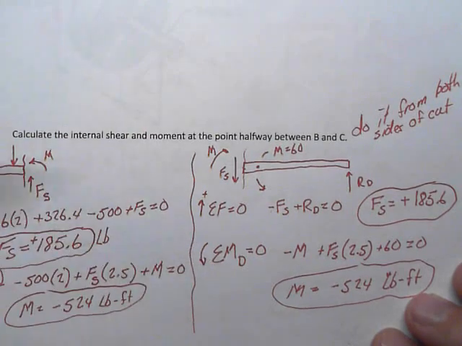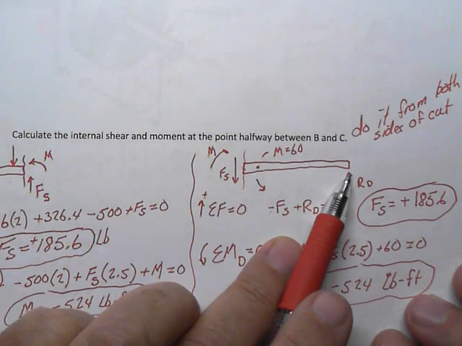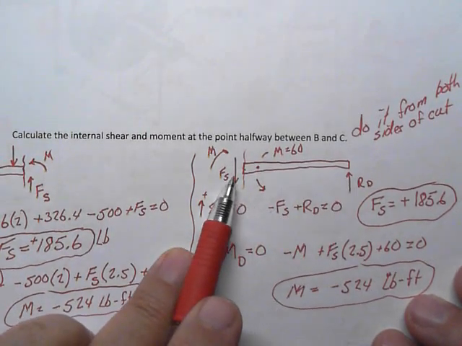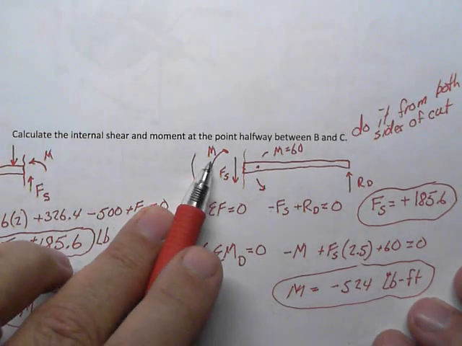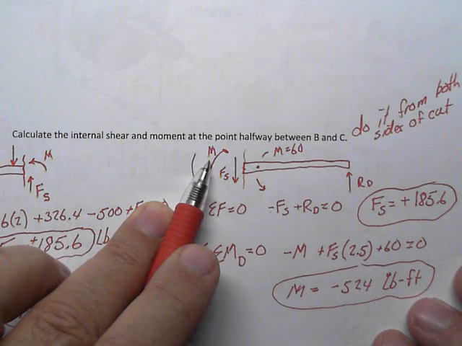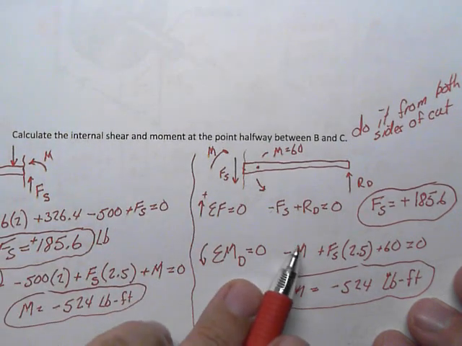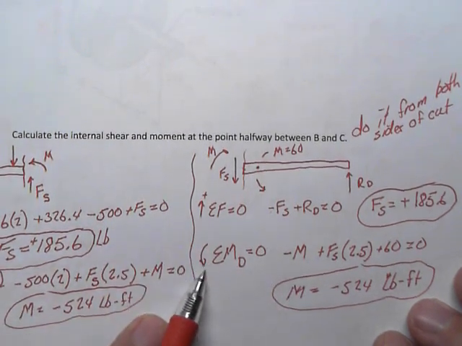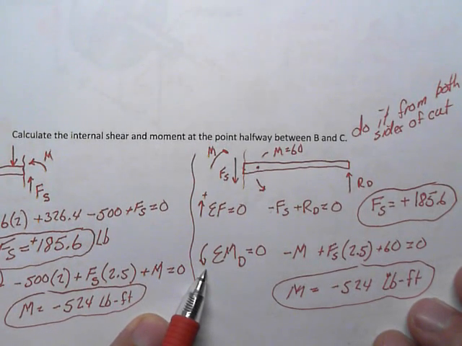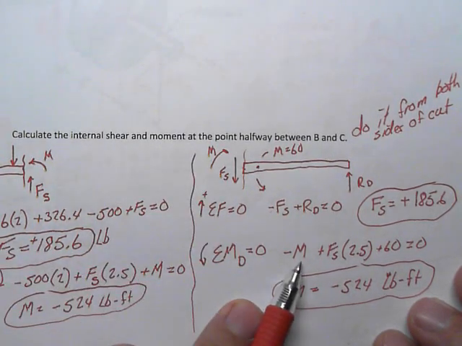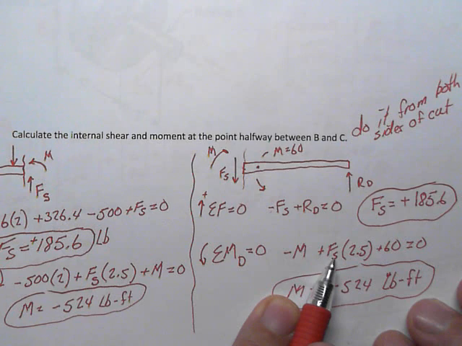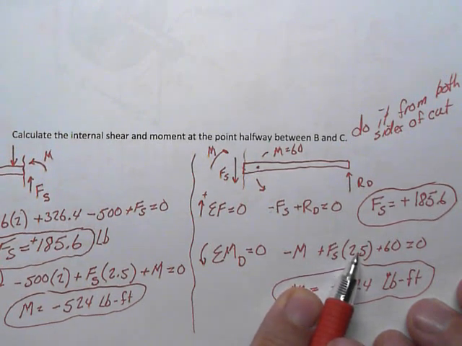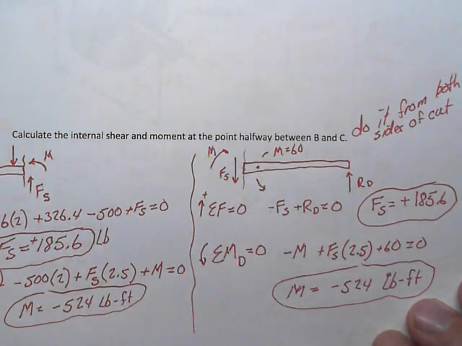Sum of moments about point D, which is this end point, will only involve the shear force and the applied moment. My unknown moment at the reaction is negative, and I said I would sum in the counterclockwise direction, so this one is in the opposite direction, a negative of that unknown moment, and a positive of the newly solved for shear force times its distance 2.5, and a positive of the 60.